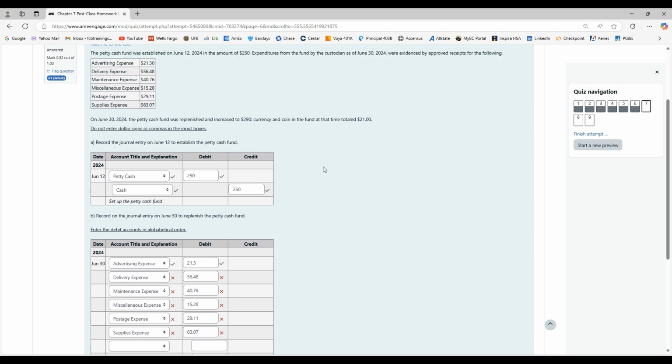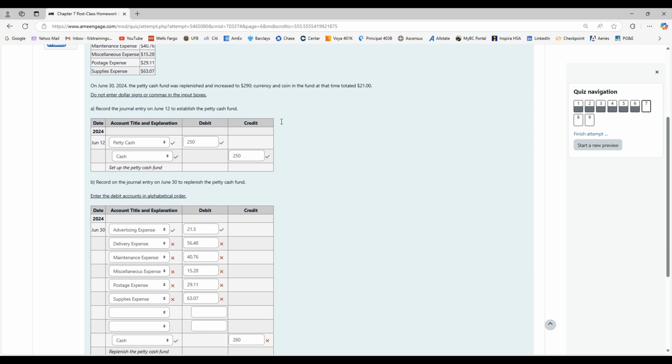To replenish June 30. Currency and coin. Are we increasing this? Oh, I see. Sorry. Okay, so it does tell us currency and coin totaled $21 at the time.